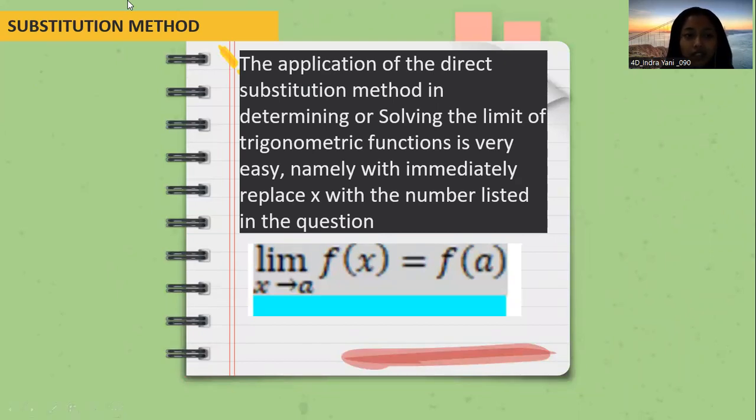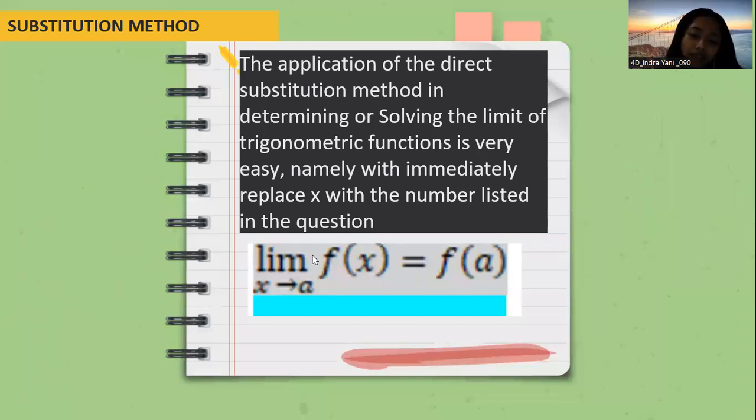In the substitution method, we apply direct substitution in determining or solving the limit of a trigonometric function, and we know that it's very easy. Namely, we immediately replace x with the number listed in the question.